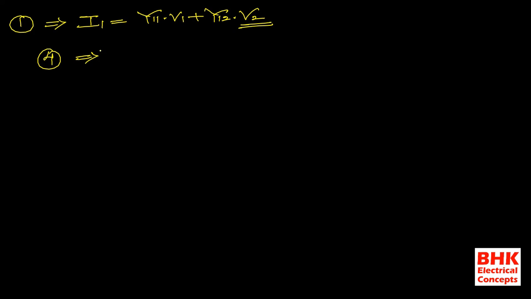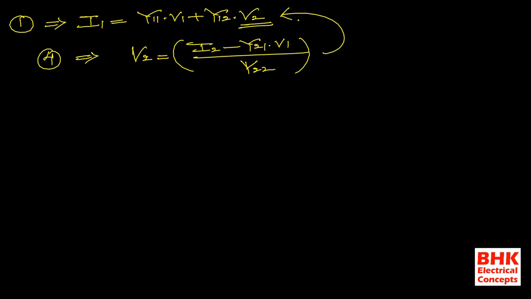So what is the equation number 4 expression? Here equation number 4, that is v2 is equal to I2 minus y21 into v1 divided by y22. Now substitute equation number 4 in place of v2. Now from that we can write like this.